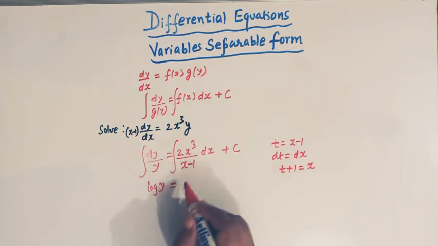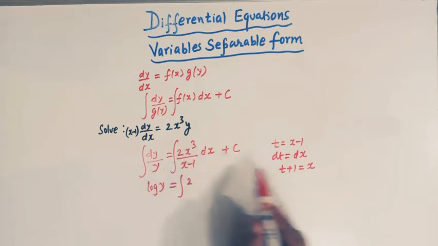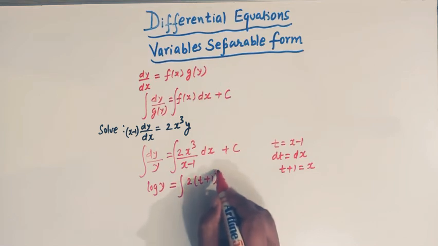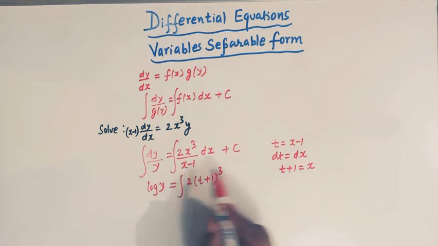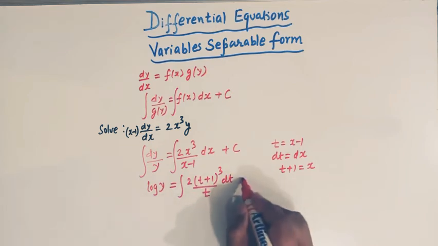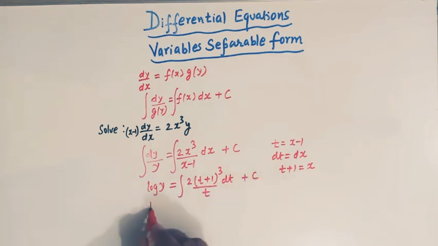So this integral now becomes 2 times, for x cube we have (t + 1) cube, and for x minus 1 we have t, right? And here we have dt plus c. Now this is log of y.